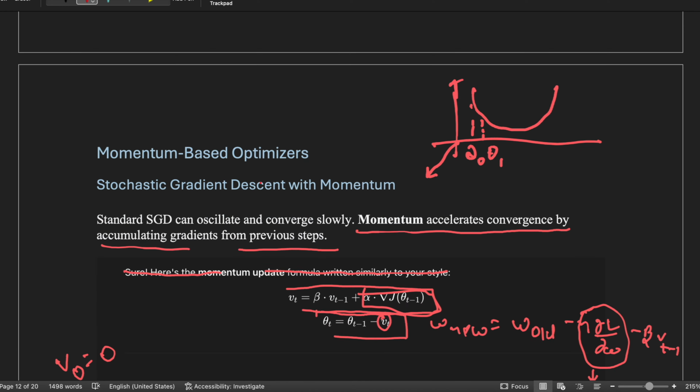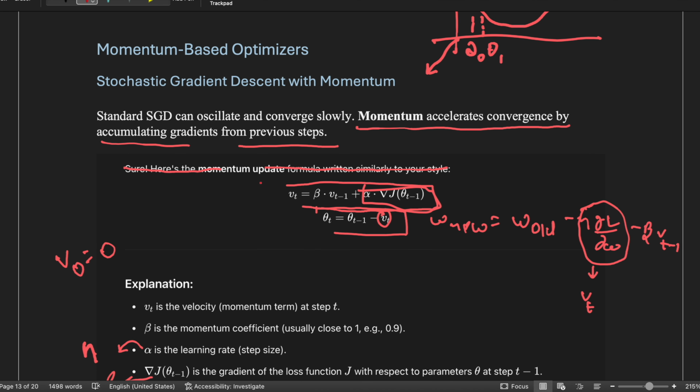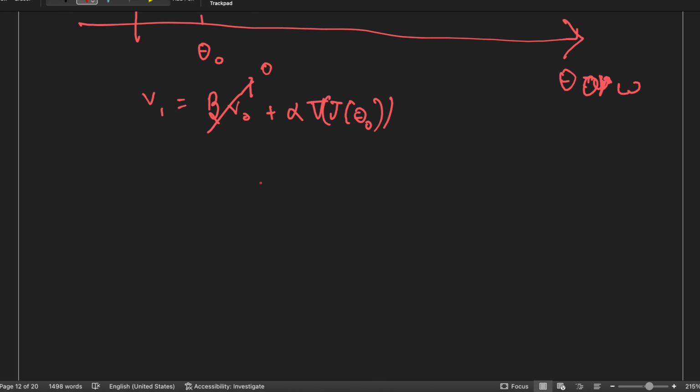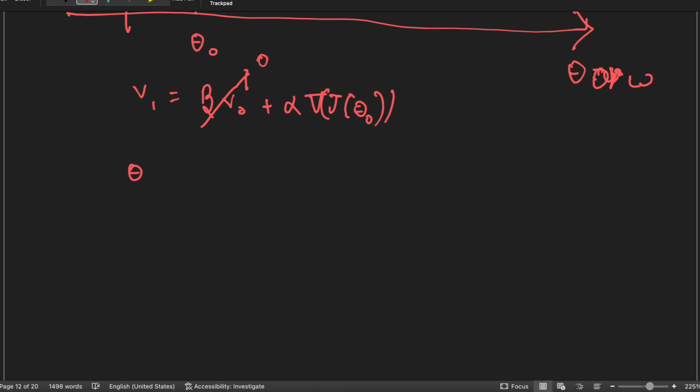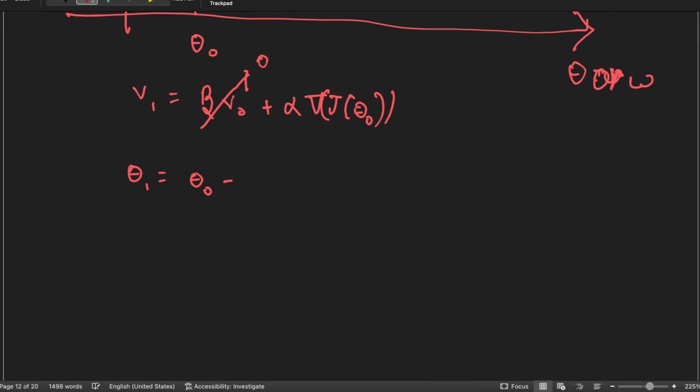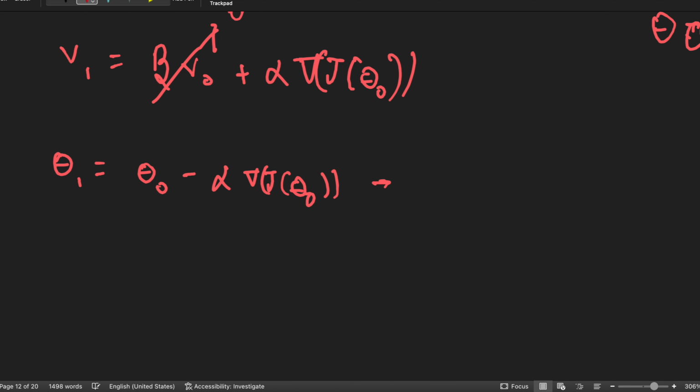Then the update will happen. If I go and read the formula, theta 1 is equal to theta 0 minus Vt, where Vt is alpha times the gradient at theta 0. So for the first iteration, it is similar to our normal SGD or batch gradient descent.